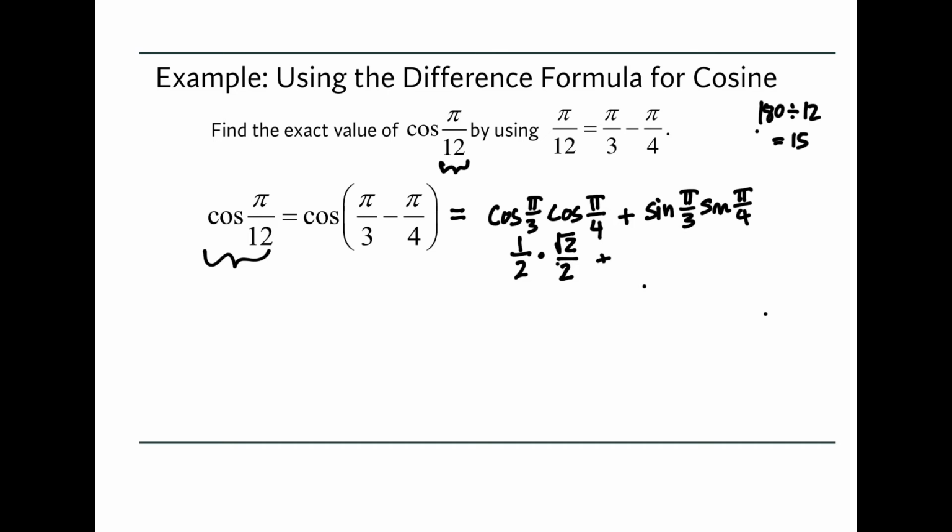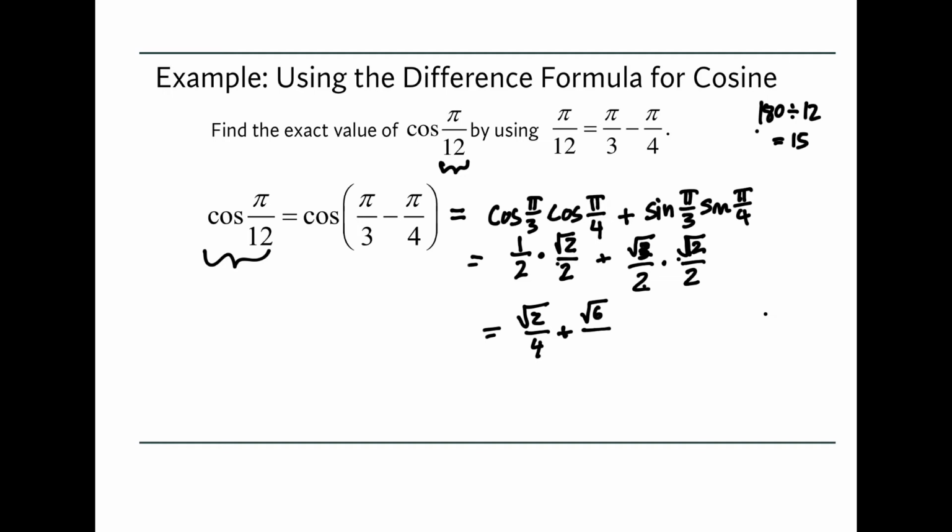The sine of 60 degrees is root 3 over 2. We're going to multiply that by root 2 over 2, the sine of pi over 4. And so this simplifies down to root 2 over 4 plus root 3 times root 2, which is root 6.